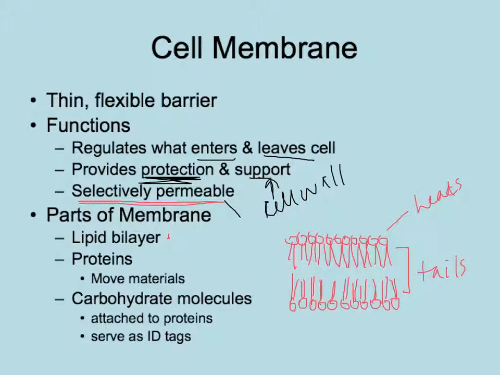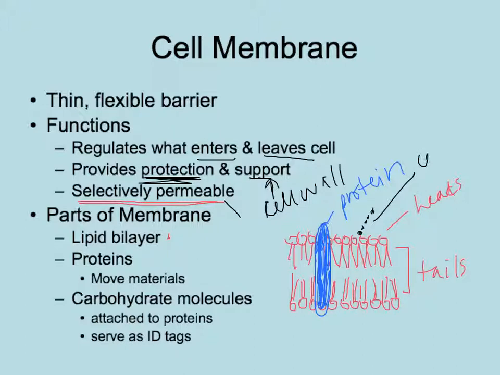Now, sometimes you're going to have these proteins that go across the entire membrane. And they're going to play a role in allowing things in and out. So this is a protein. We also have these little carbohydrates on the outside of the cell membrane. I was drawing these little dots coming off here.